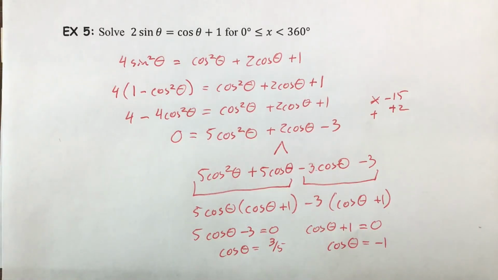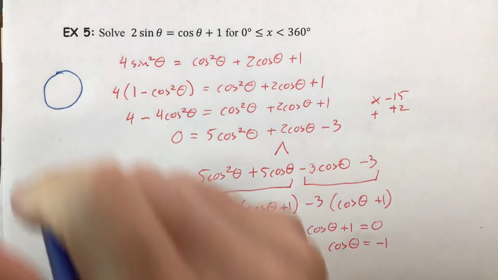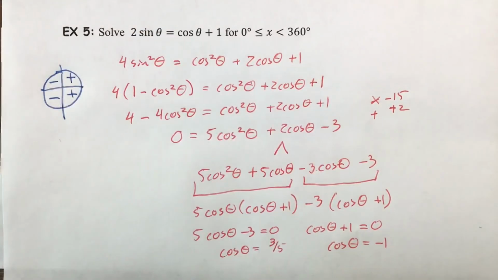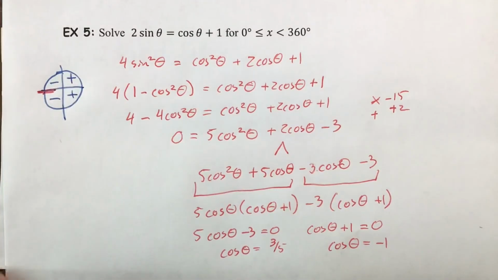All right. Don't got much space left. Let's see what we can do. Both of these involve cosine, so positive right, negative left. Let's take care of this one because that's the easier one. For what theta is cosine theta equal to negative 1? That would be right here, directly between the two negatives, which would be at 180 degrees.